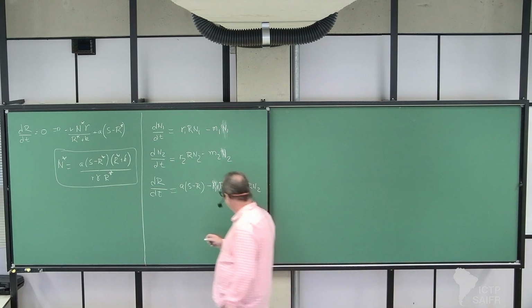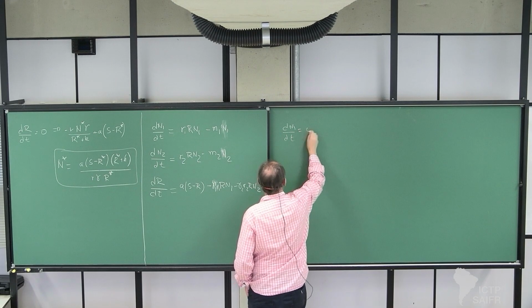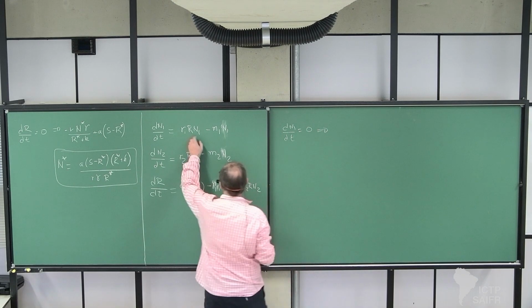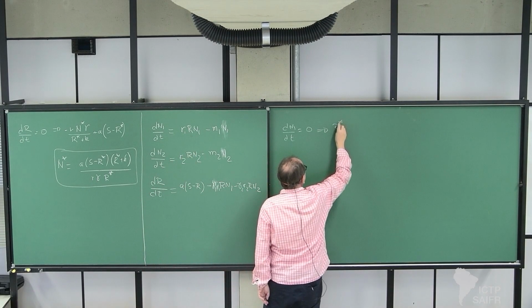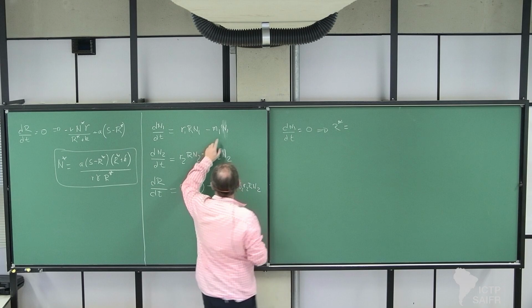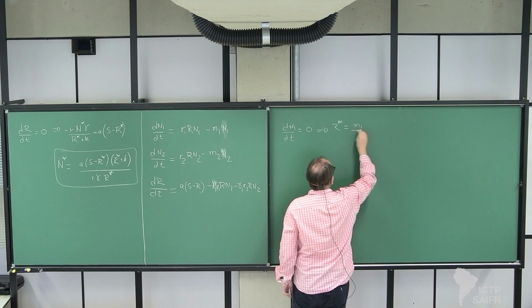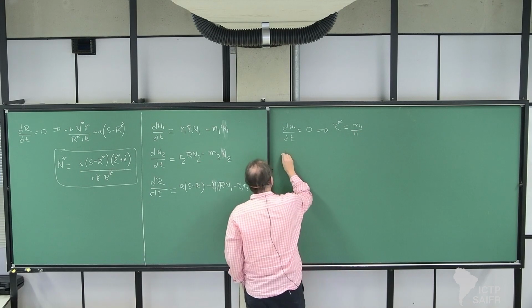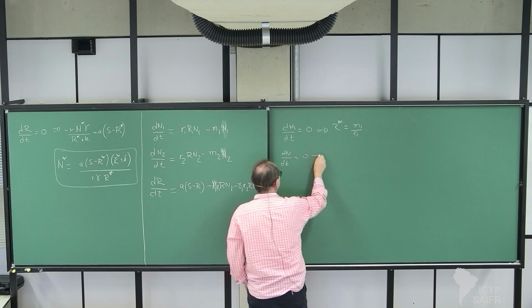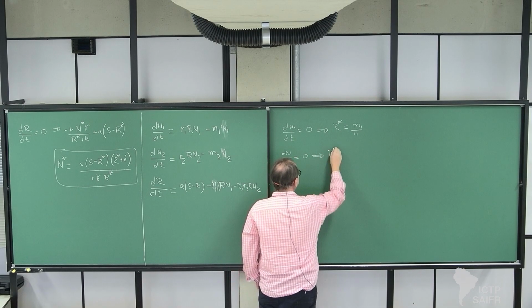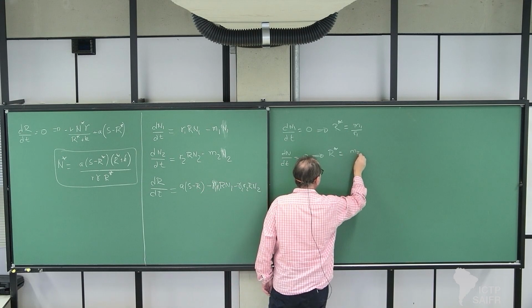So dN1/dt equal to 0 was very simple. It's just R star equal to m1 over r1. dN2/dt equal to 0 means R star is equal to m2 over r2.